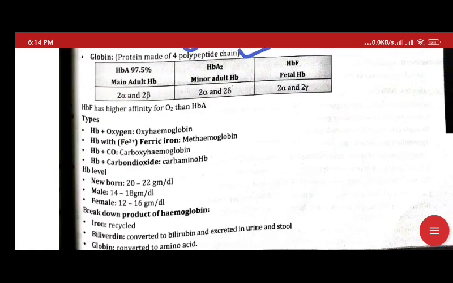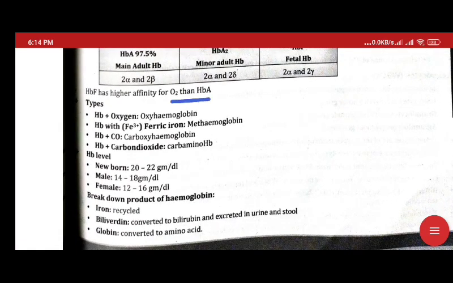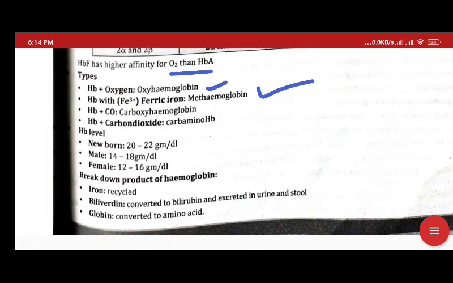When oxygen is carried with hemoglobin, that is called oxyhemoglobin. Methemoglobin occurs with what? With one more iron, Fe3+. That's called methemoglobin. And carboxyhemoglobin is due to CO poisoning.